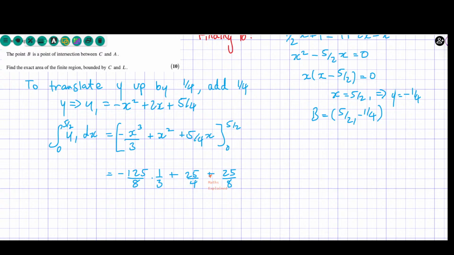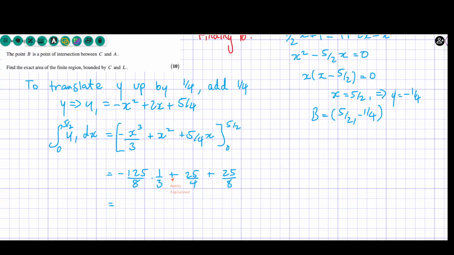Okay. Then we need to simplify this. I'll probably just do this with the calculator. Well, yeah, all A-level exams are calculator exams, so you could just plug this straight into your calculator.